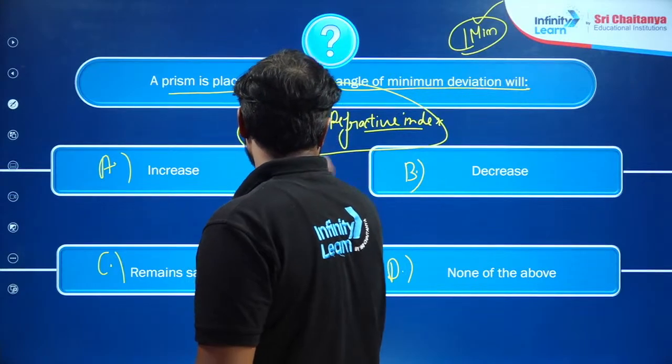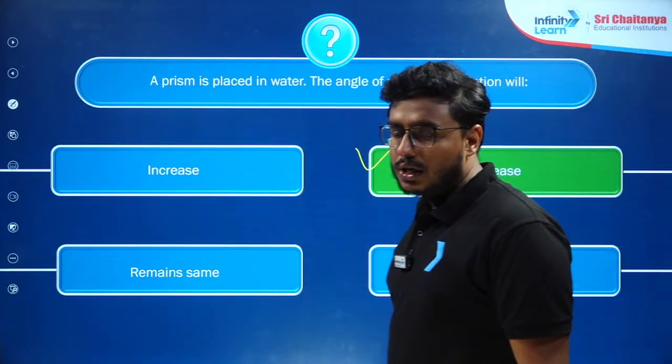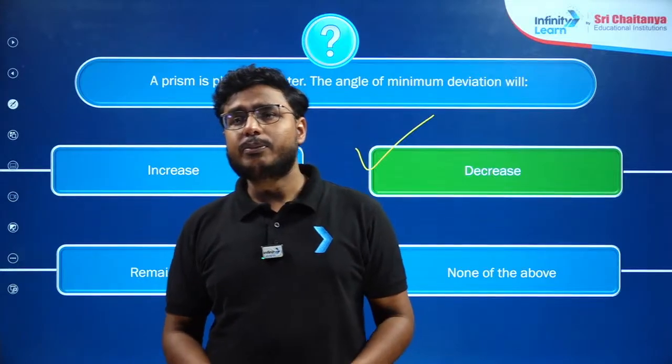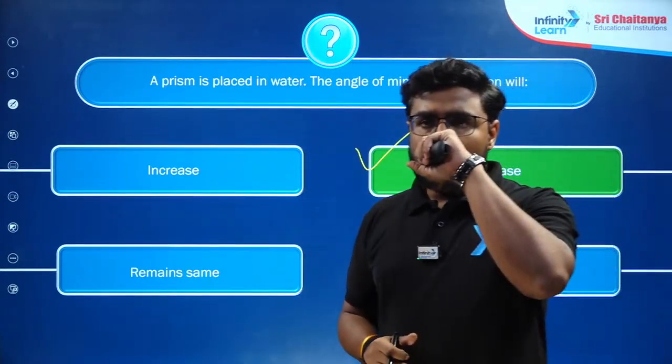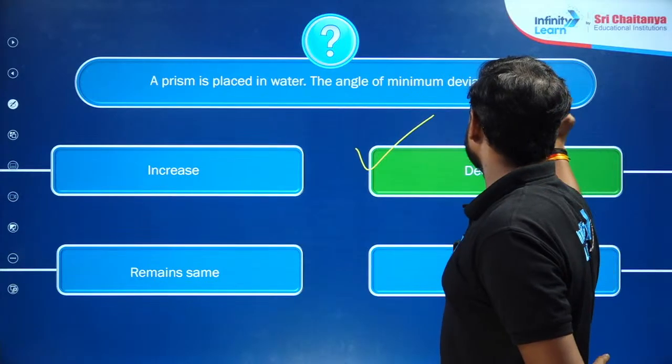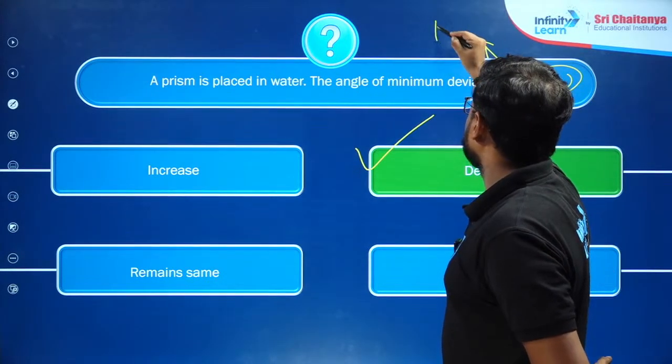The right answer for this question is definitely B part. It will get decreased because the minimum angle of deviation is depending on the relative refractive index.